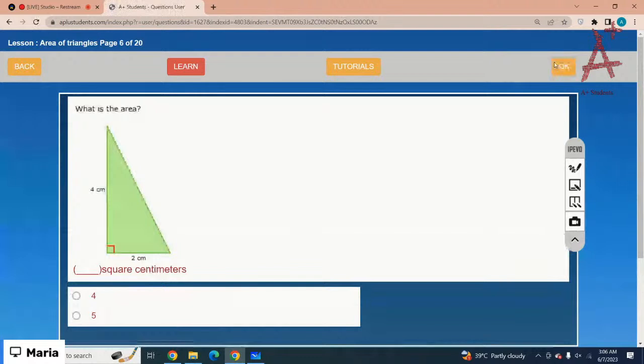Okay, what is the area of the triangle? Which is the correct option? So you have to do 4 times 8, and 8 divided by 2 is 4. So it would be 4 square centimeters.